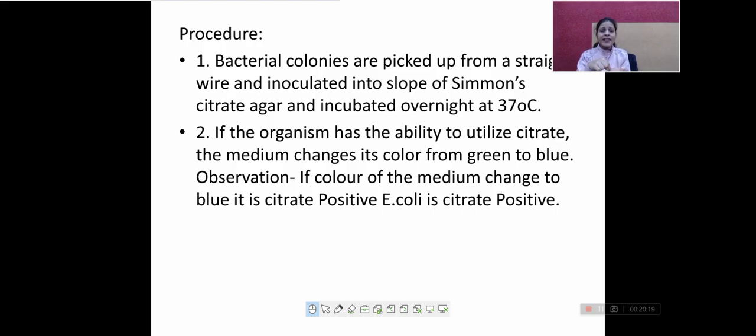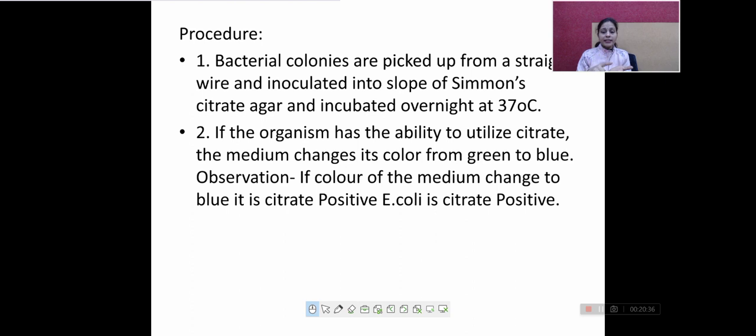Observation: if the color of the medium changes to blue, it is citrate positive E. coli, right? See, this is the plate. This is a test tube which contains the citrate agar.